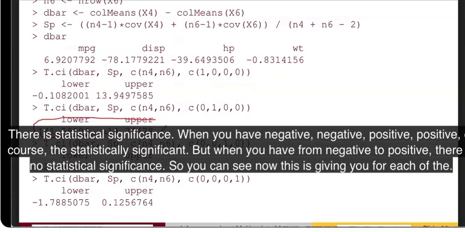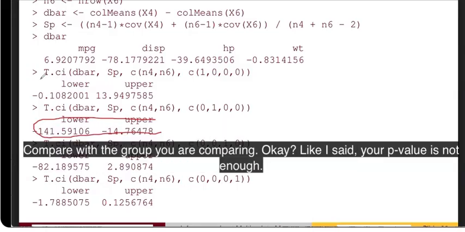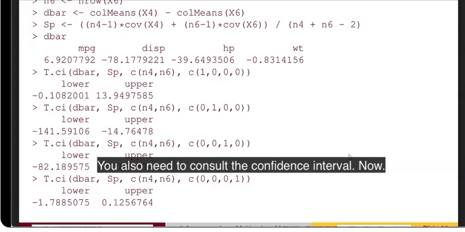When you have negative, negative, or positive, positive, of course, there's statistical significance. But when you go from negative to positive, there is no statistical significance. So this is giving you each of the groups you are comparing. Like I said, your p-value is not enough. You also need to construct the confidence interval.